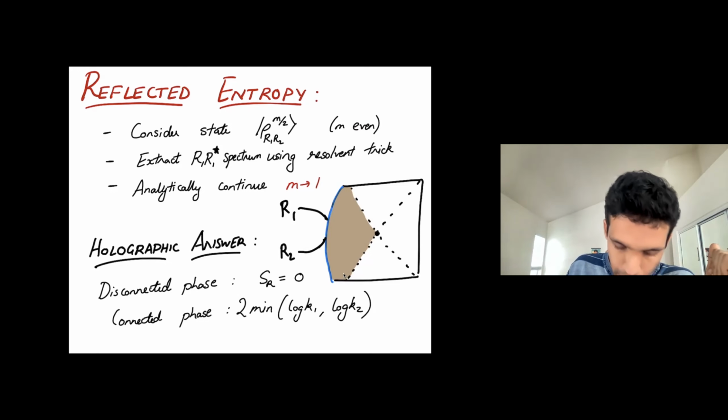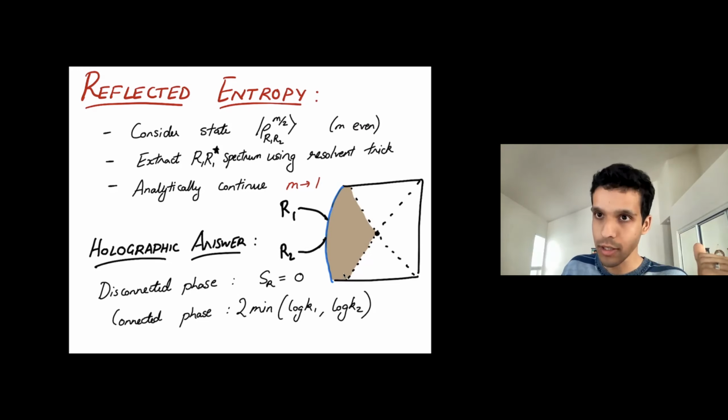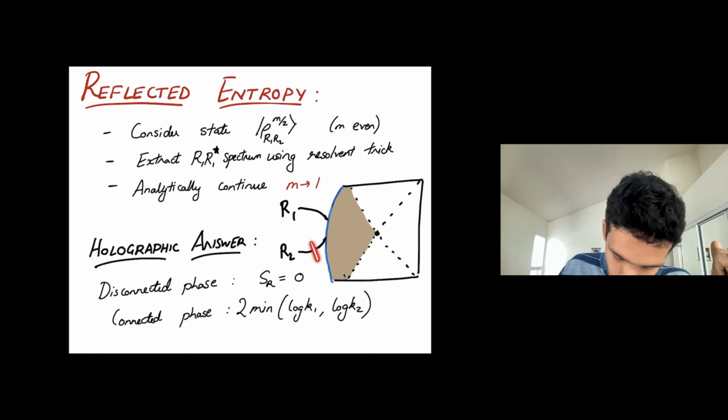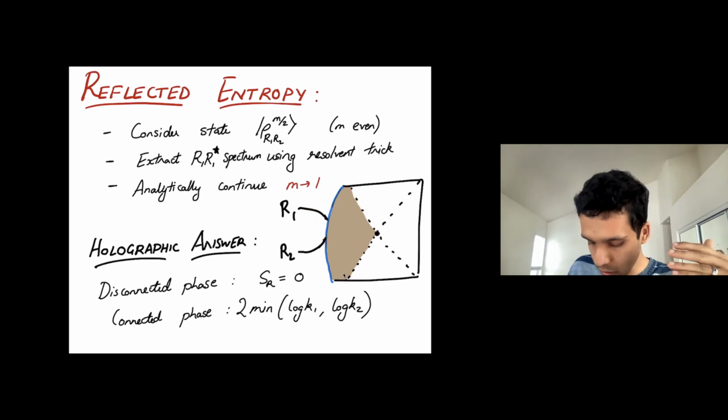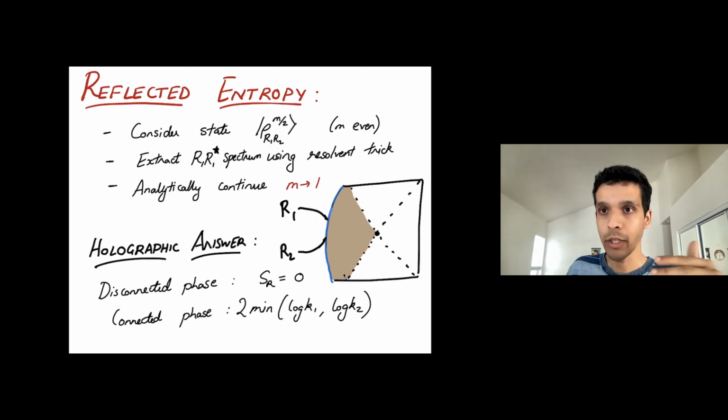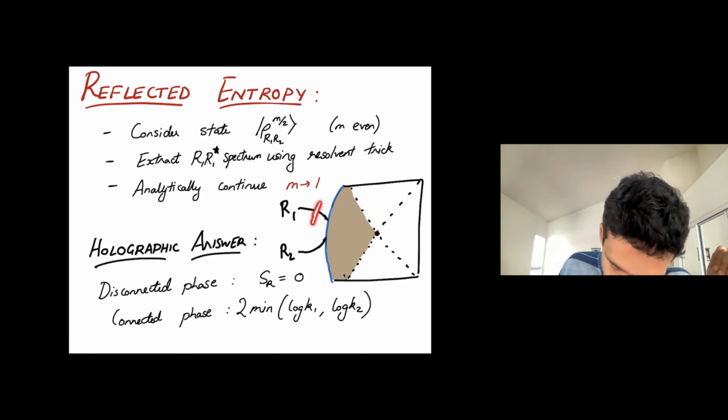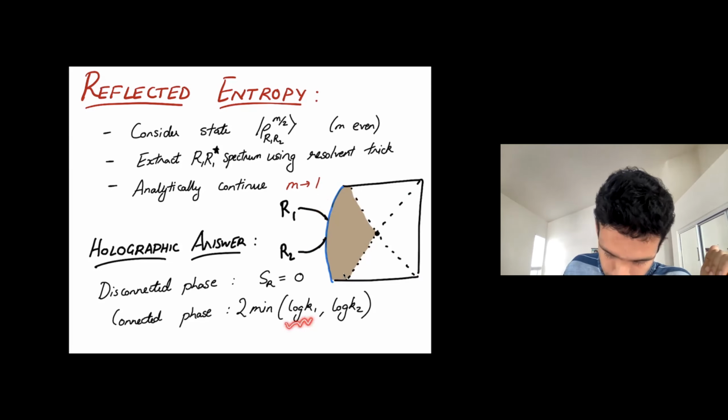The only possible cross sections in this picture are either to cut the leg at R2 or the leg at R1. There's no other way to split this entanglement wedge such that it becomes homologous to R1 and R2 separately. If we cut this leg, the entanglement cost is log K1, and if we cut this leg, we have log K2.